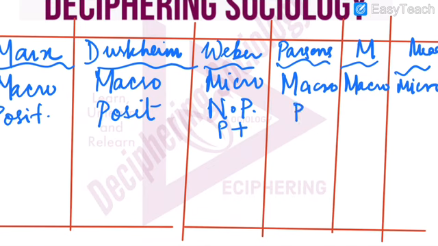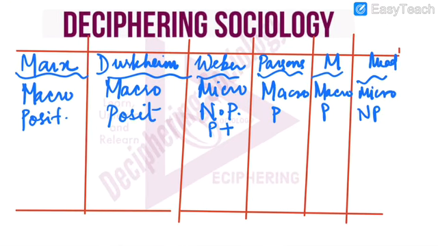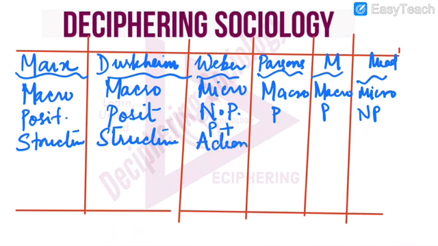Parsons, positivist, Merton, positivist, Mead, NP, right? So, this is it. Now, these stressed upon the structure, they stressed upon action, structure, here also interaction, symbolic interactionism.